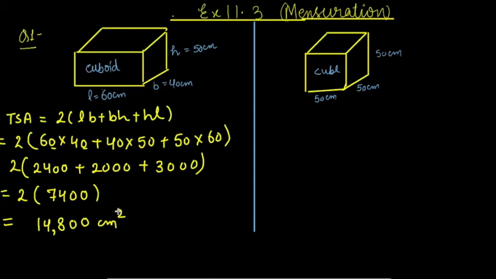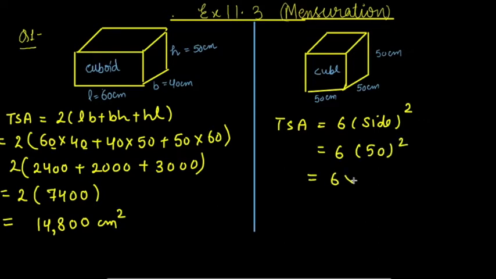Let's see with the given dimensions how much material is required to form a cube. What is the TSA of a cube? 6 side square, and how much is the side given? 50. So it is 50 square. Now 6 into 5 5s are 25 and these two zeros will be as it is. 25 into 6, 6 5s are 30, 6 2s are 12, 150, and add these two zeros as it is, centimeter square.